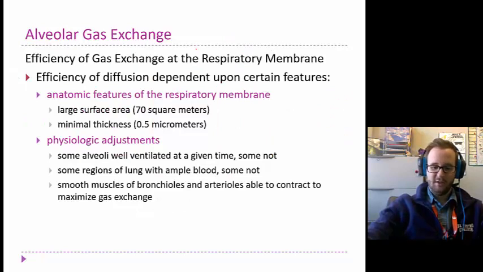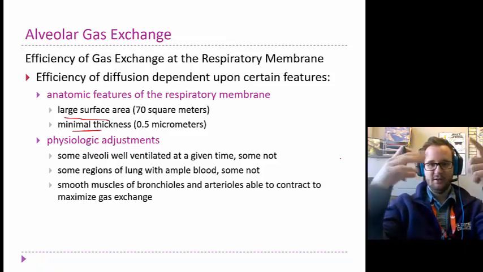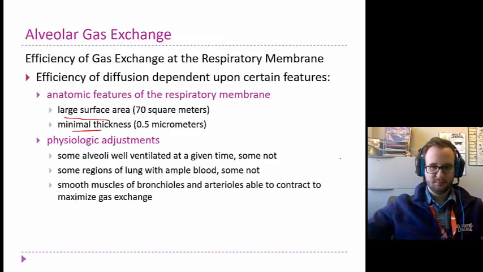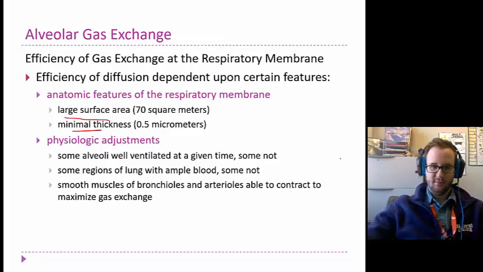And so our lungs are very efficient at being able to diffuse a lot of air very quickly, because our lungs have a very large surface area and very minimal thickness. If you took out all the cells of my lungs and laid them out, they would take up 70 square meters. To give you an idea, a meter is roughly equivalent to a yard.